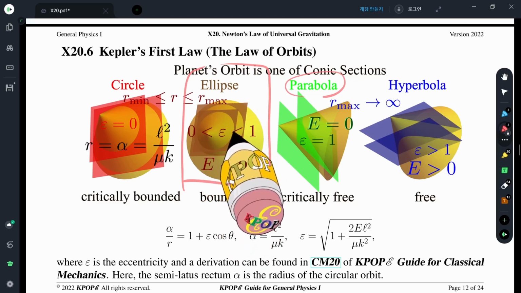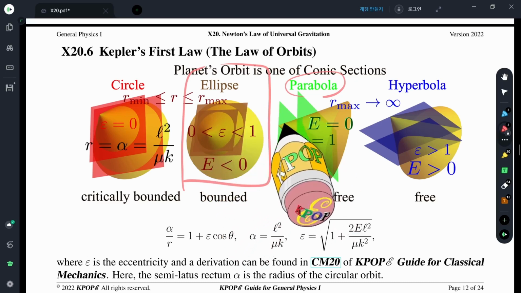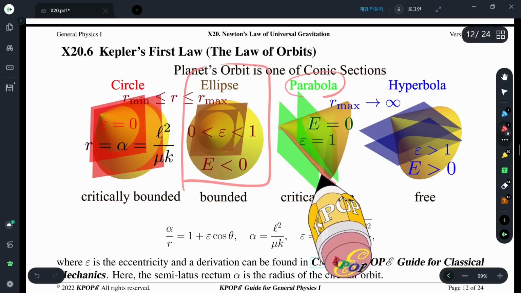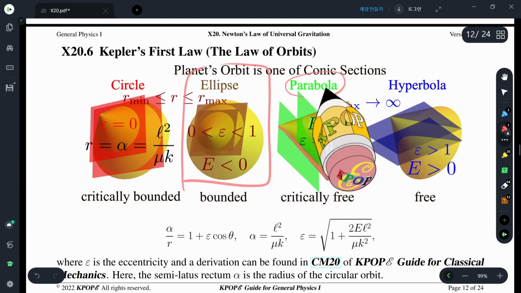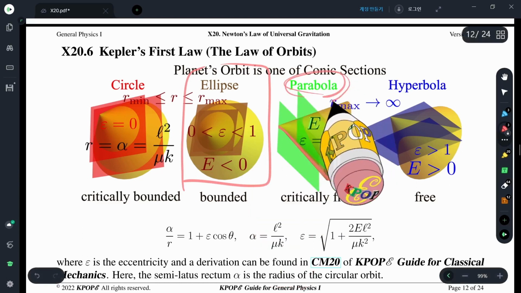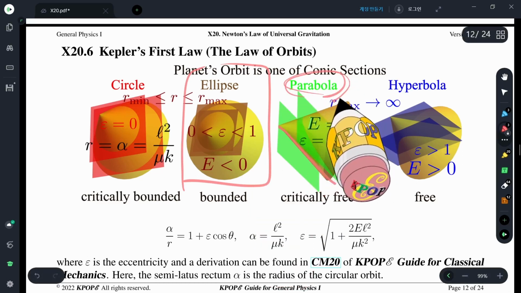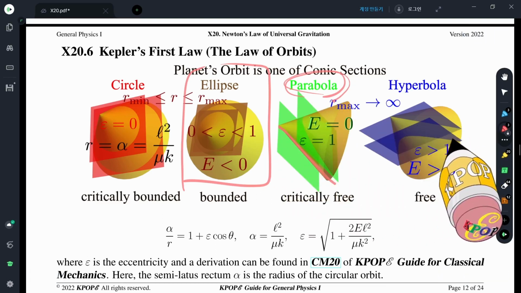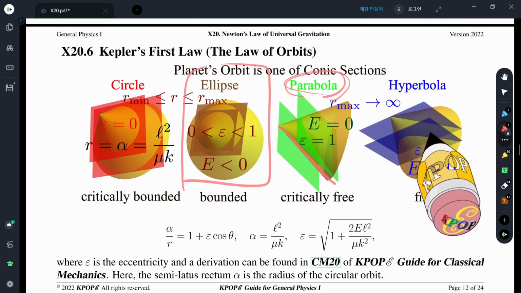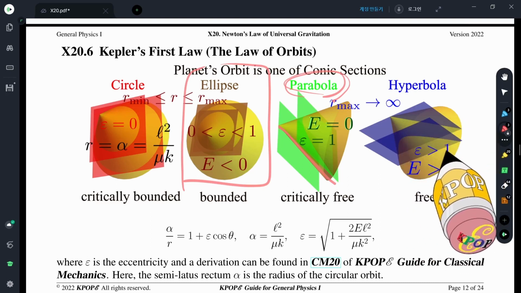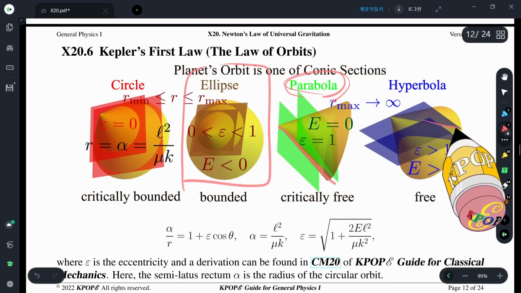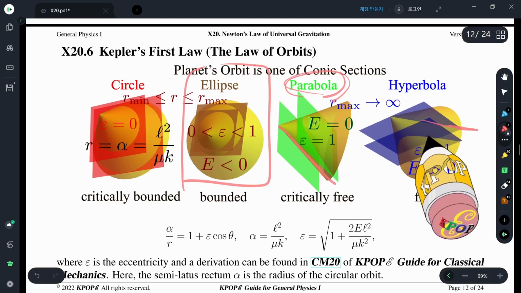If we increase the slope to reach the point where it is the same as this line, it becomes a parabola. If you increase the slope further to perpendicular to the base, you will find the hyperbolic orbit, which approaches a straight line.